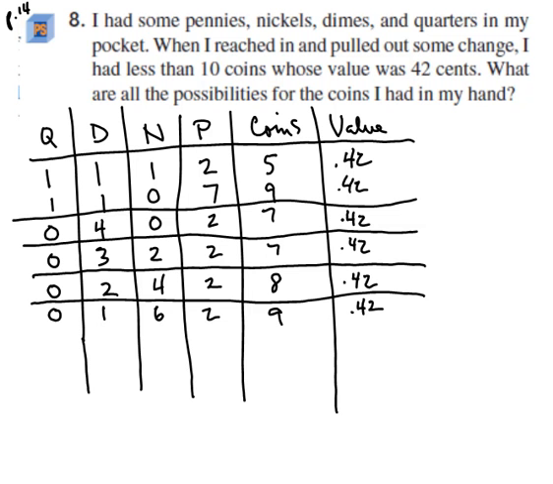There was only 1 way of doing 3 dimes, and that would be 3 dimes, 2 nickels, and 2 pennies. There was only 1 way of doing 2 dimes with 4 nickels, 2 pennies, and 1 way of doing 1 dime with 6 nickels and 2 pennies. So I believe that the final answer is going to be 1, 2, 3, 4, 5, 6 ways.